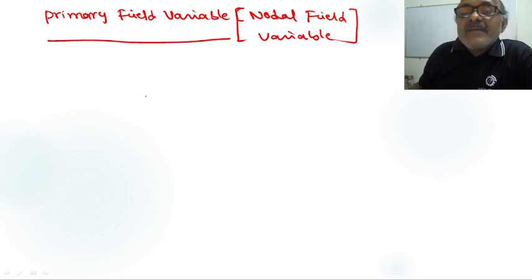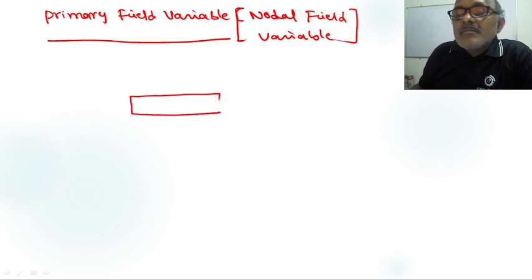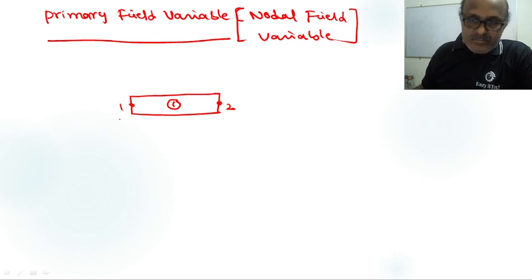So all of you see, my dear students, it is a bar element or line element. Here is node 1, here is node 2. This is element 1. At this point I am applying force, it is P1 at node 1.